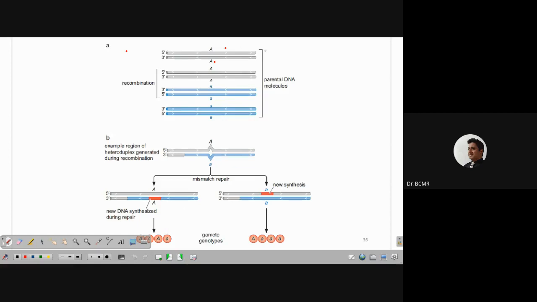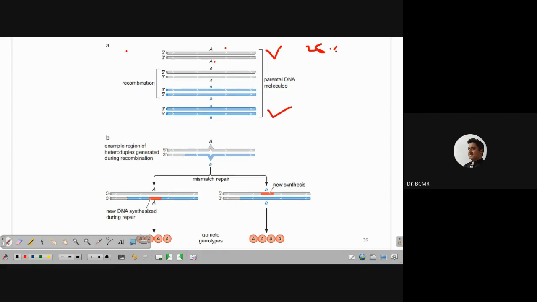So this DNA has capital A, both of them, the information for capital A. This DNA has information for small a. So this will be 25%. After meiosis, you get four sperm, or four gametes if it is spermatogenesis.